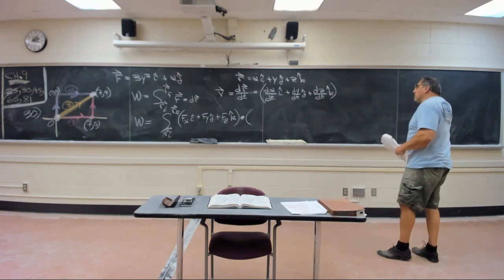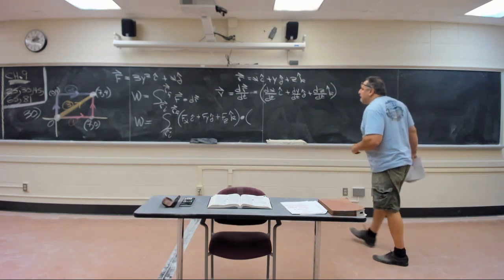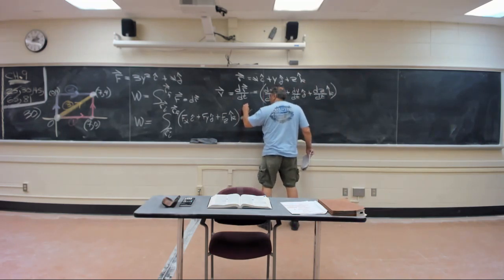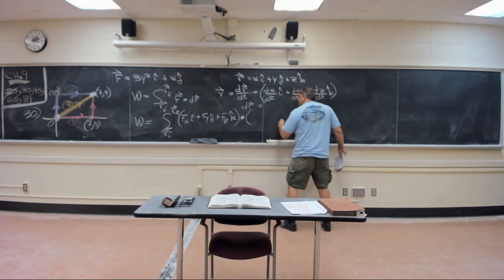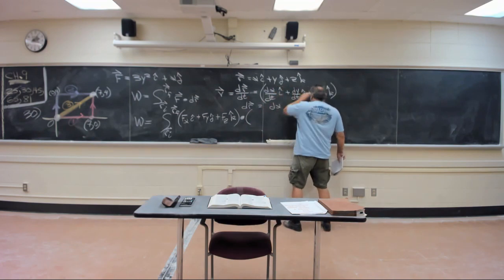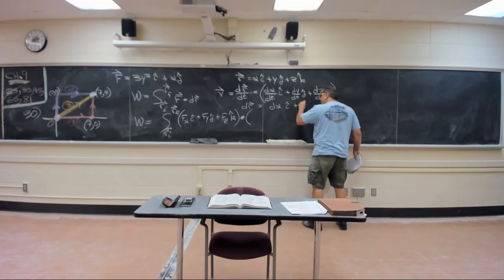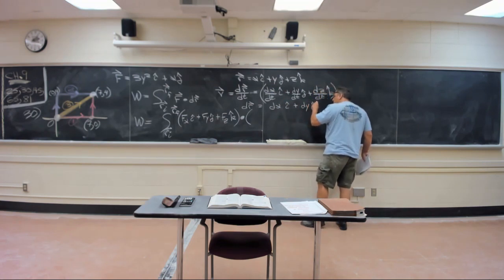If you multiply by dt on each side, you get all the way across. You get this, and I've seen this written various ways as well.